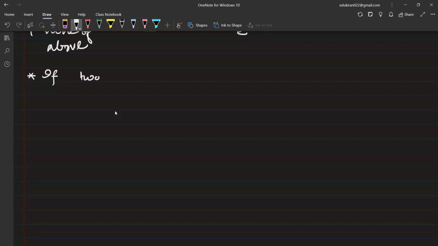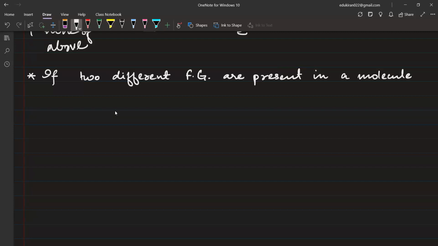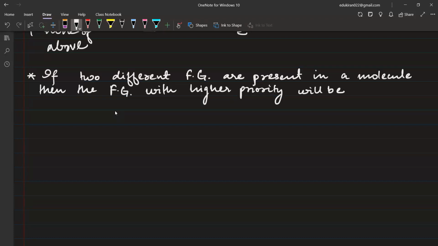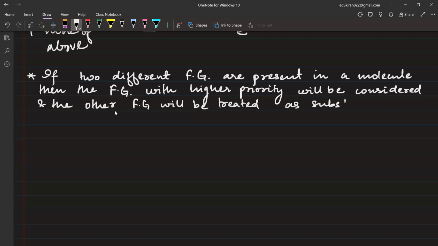If two different functional groups are present in a molecule, then the functional group with higher priority will be considered, and the other functional group will be treated as substituent. Okay, it will be treated as substituent.